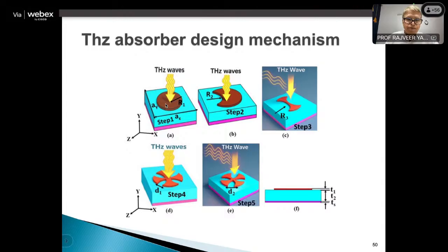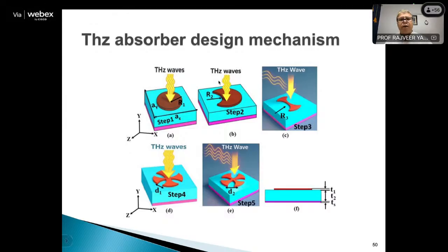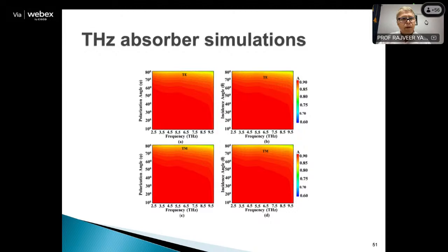So this is the first structure, second structure, third structure, fourth structure, fifth structure. These developing structures at different stages are depicted here. Now, to see the behavior of absorbance, we are able to see it with the help of TE fields and TM fields.